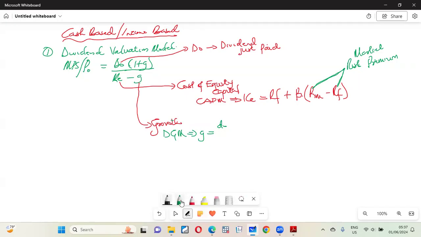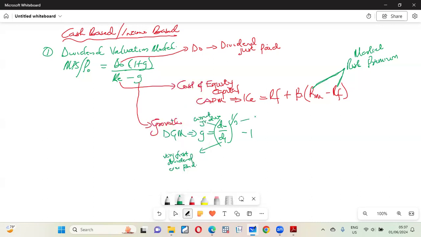So I said D0 over D1, where D0 is the current year's dividend and D1 is the very first dividend that was ever paid. All right, into bracket 1 over n minus 1. So that is how we find growth using the dividend growth model.